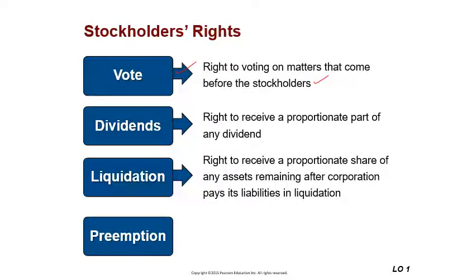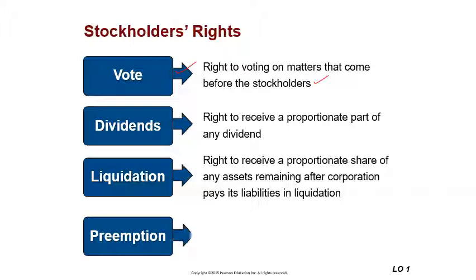And then liquidation: they have the right that if the company is not going well, they can pass a resolution in the annual general meeting and say that okay, we are going to sell our company, and we call this liquidation. Or they can demand from the court that the management is not doing well and we want this company to be liquidated.